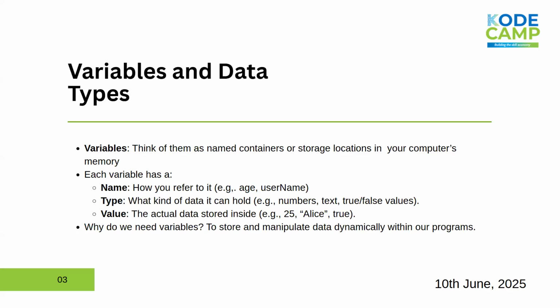Numbers are things like 1, 2, 3, 4, 5, 6, 7, 8, 9, 10. So when you have a variable that is storing the age of a person, since the variable is storing the age of a person, is that data type a number or a text?